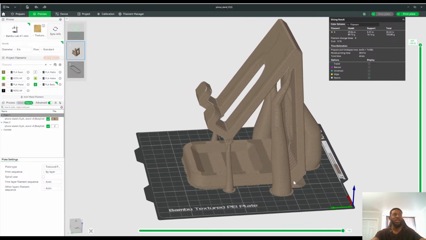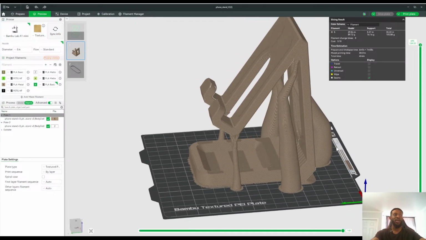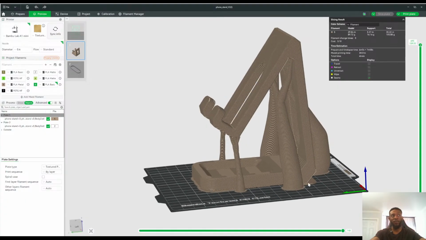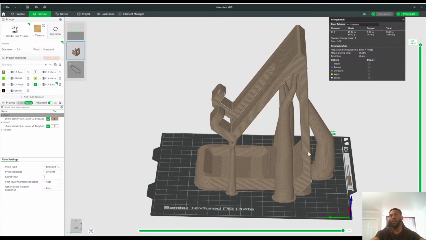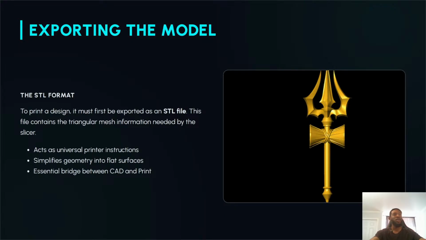Like I said, it's a machine and it has a particular language that it can read, just like each and every one of us has a language that we can read. So you cannot feed it a wrong file and expect it to work. You have to take note of that. There's a specific kind of file that you have to use when you want to export the model.